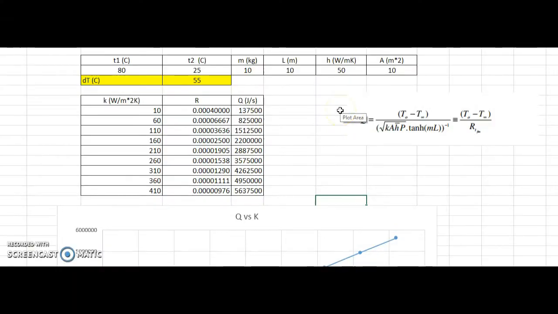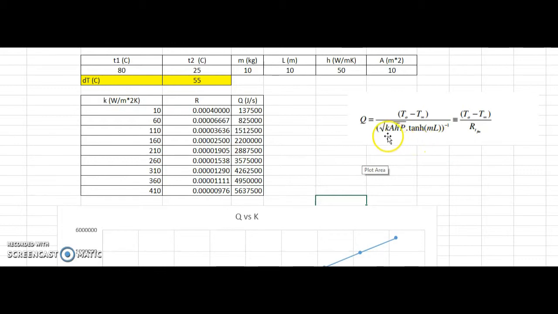The equation used in this question is this equation. So first of all, we calculated R first.